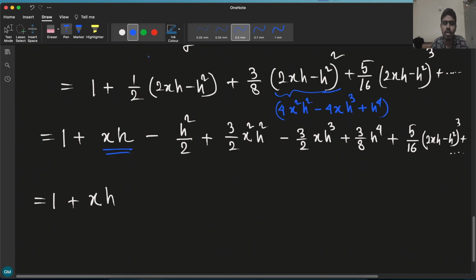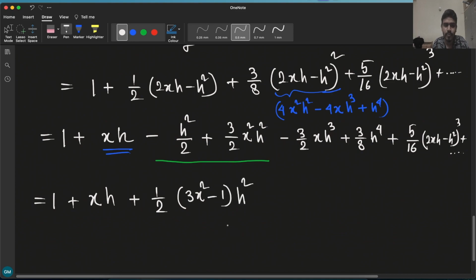Now I will write those terms which are quadratic in h, where h has a power of 2. So there are 2 such terms, right? If I take half common, then it will be 3x square minus 1 times h square.